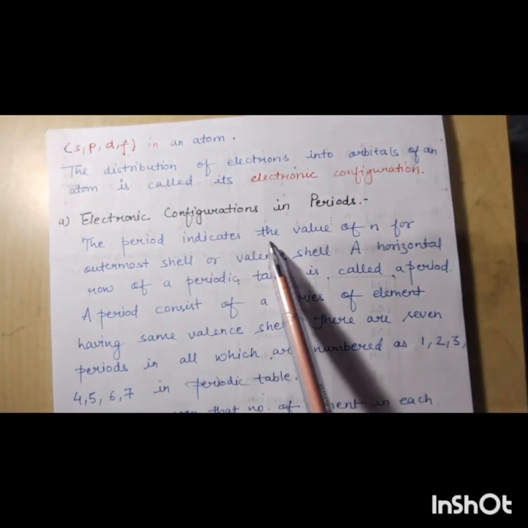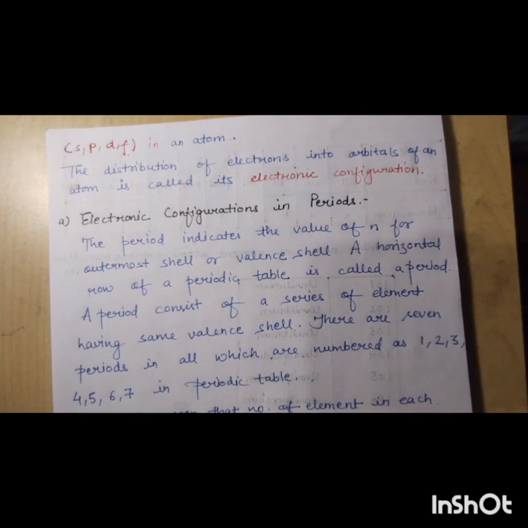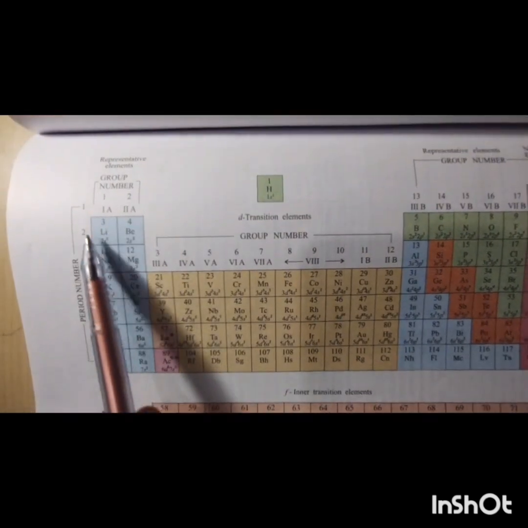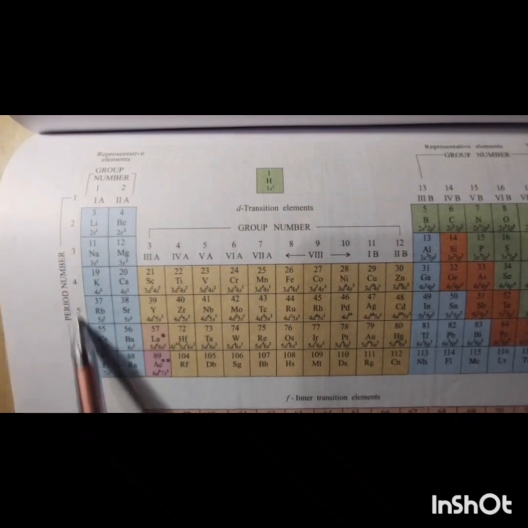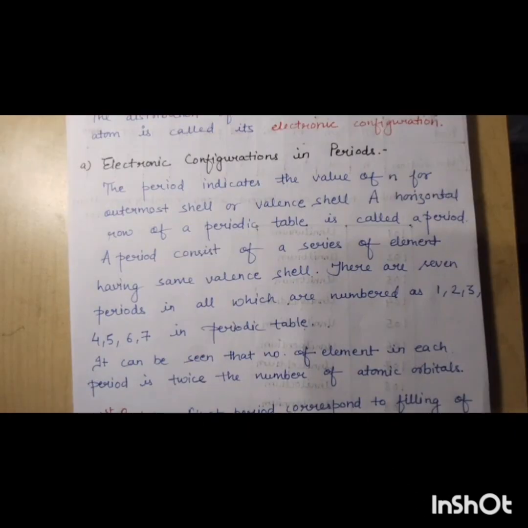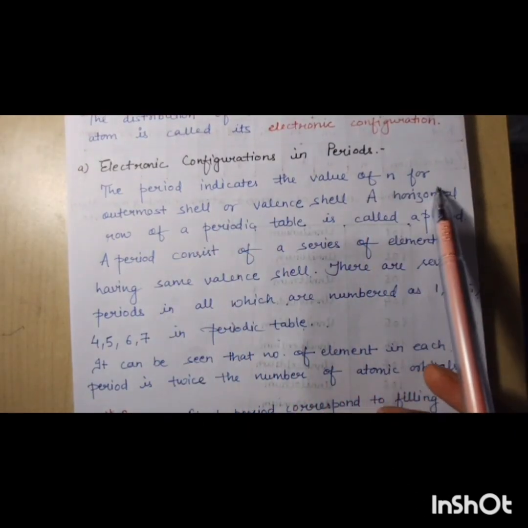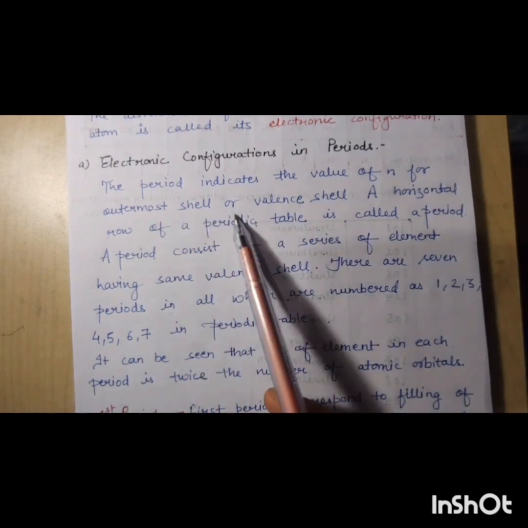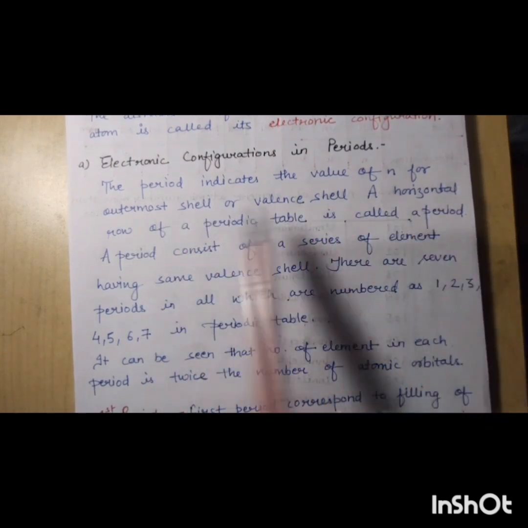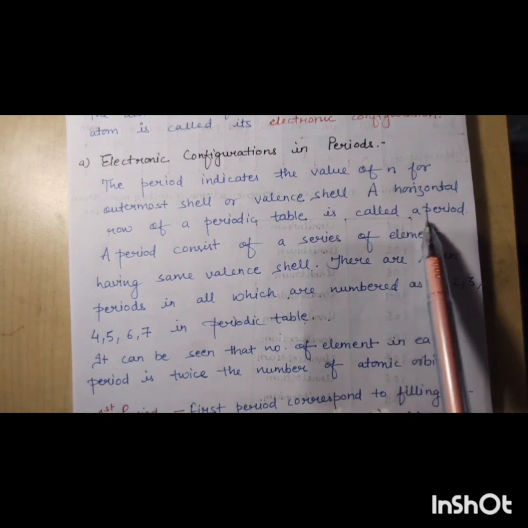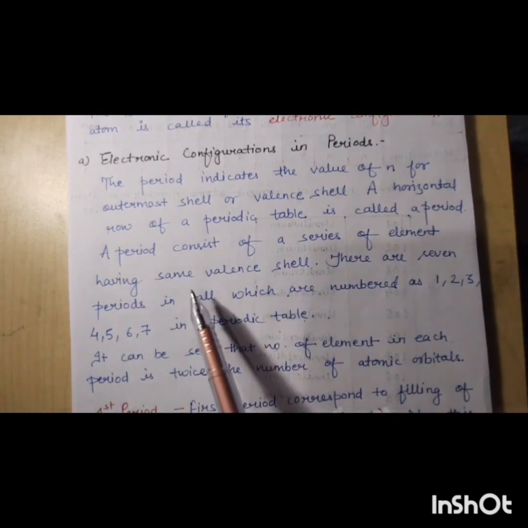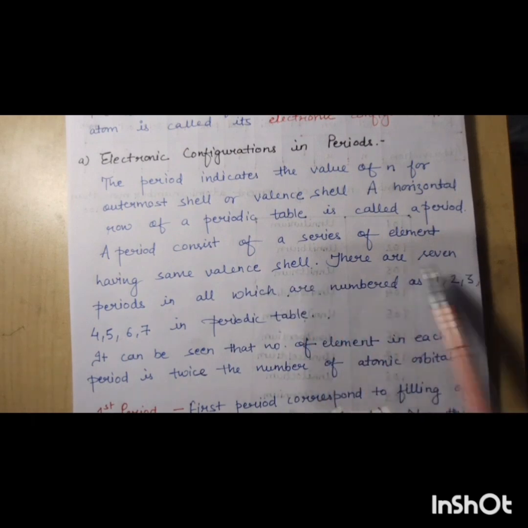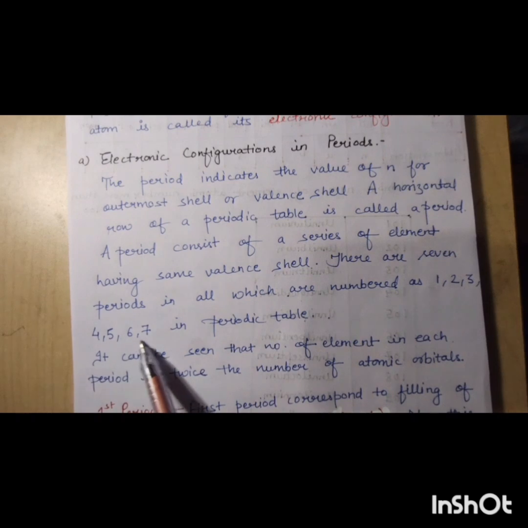So the period indicates the value of n for the outermost shell or valence shell. A horizontal row of the periodic table is called a period. A period consists of a series of elements having the same valence shell. There are 7 periods in all, which are numbered as 1, 2, 3, 4, 5, 6, 7.